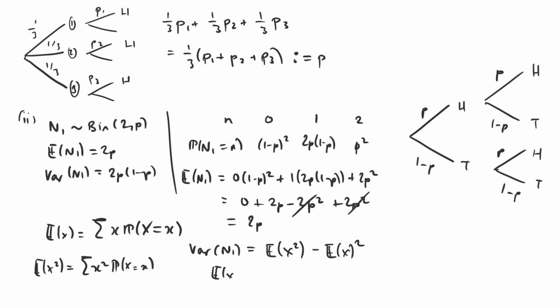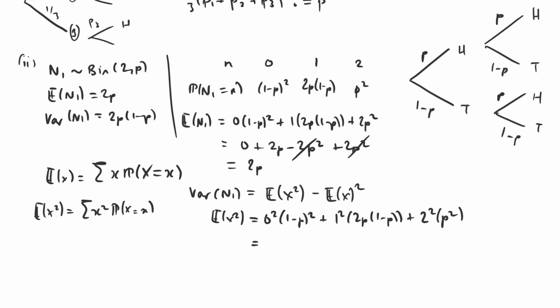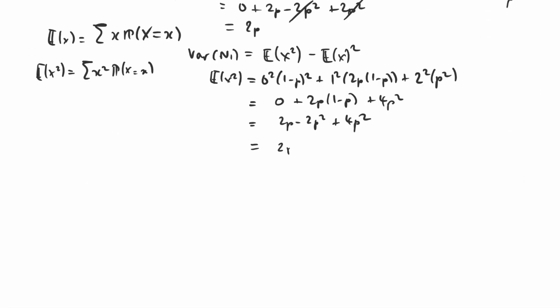So we first work out that: the expectation of x squared is 0 squared times (1 minus p) squared plus 1 squared times 2p(1 minus p) plus 2 squared times p squared. So I've got 0 plus 2p(1 minus p) plus 4p squared, which is 2p minus 2p squared plus 4p squared, which is 2p plus 2p squared.